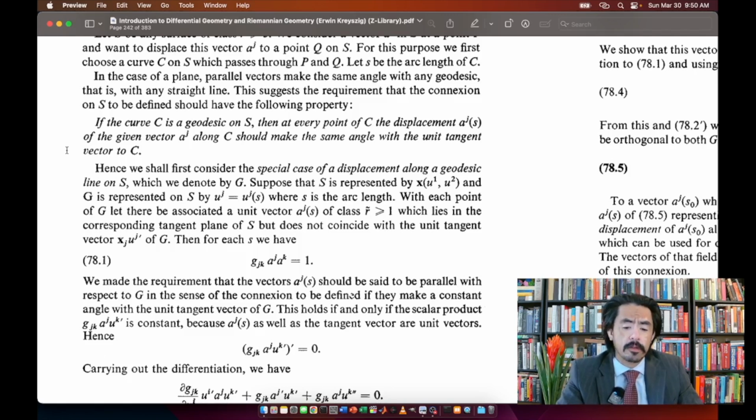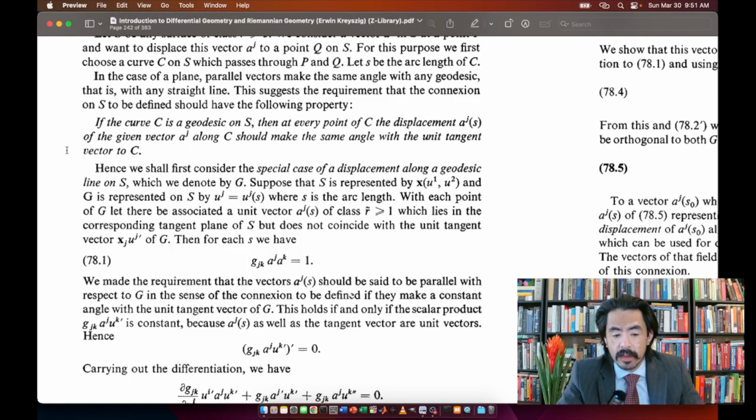Hence, we shall first consider the special case of a displacement along a geodesic line on capital S, which we denote by capital G. Suppose that S is represented by the vector x in terms of coordinates u1 and u2, and capital G is represented on capital S by u superscript j equals u superscript j of lowercase s, where lowercase s is the arc length.